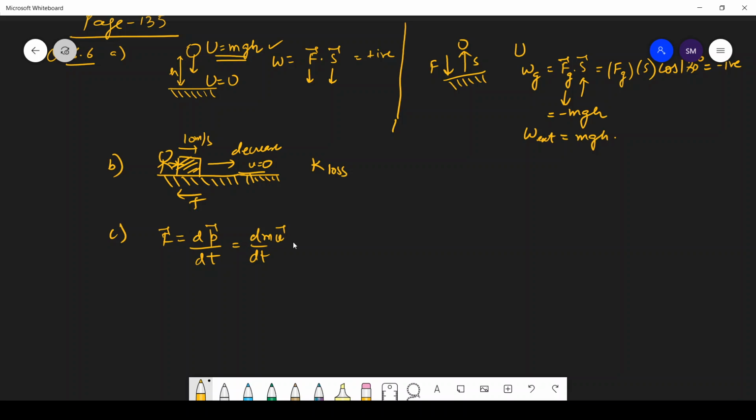So m is constant, it will come outside, and dv by dt is equal to acceleration. So that is ma.